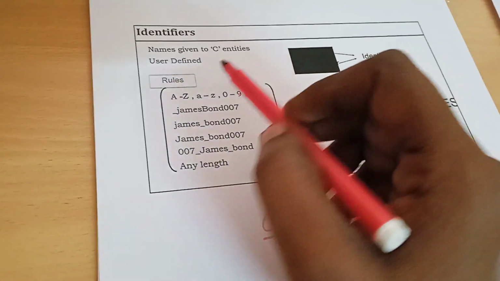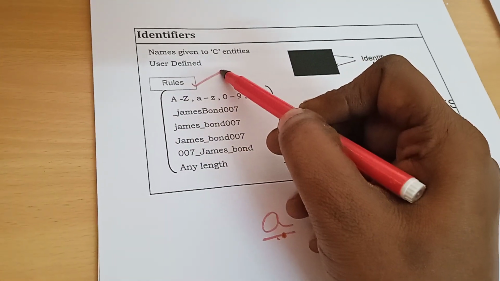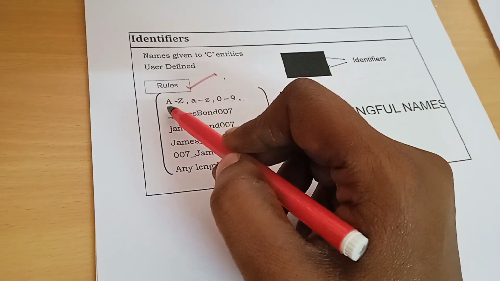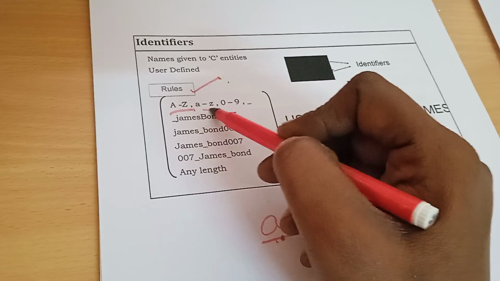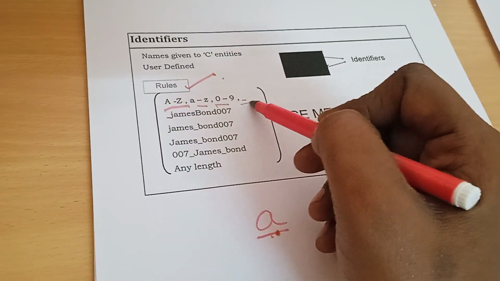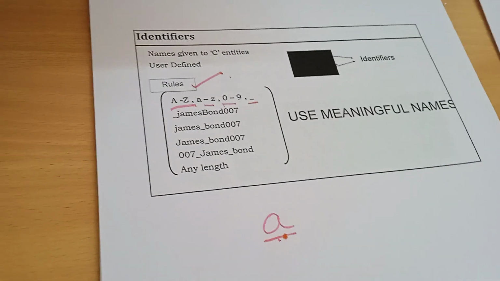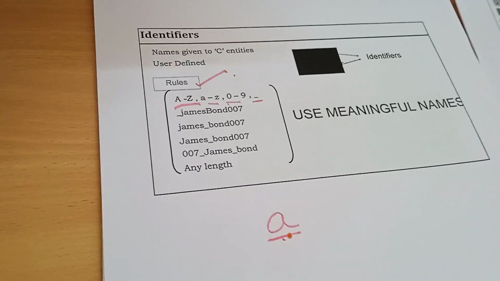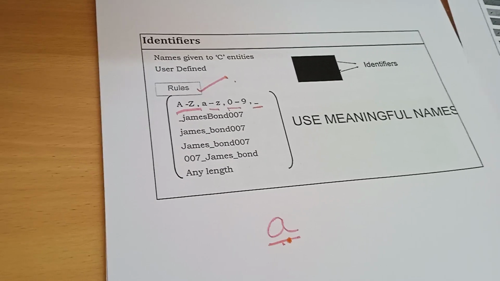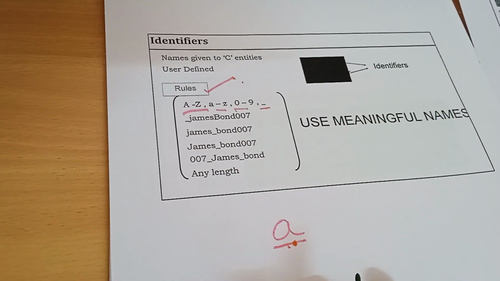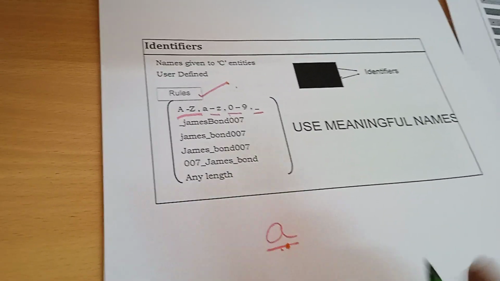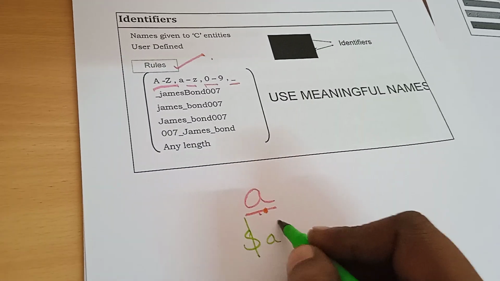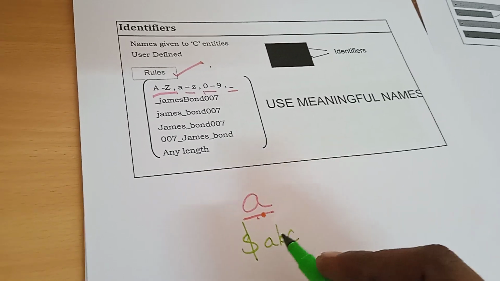We have some rules to follow to create an identifier. An identifier can consist of capital A to Z or small a to z and 0 to 9, and especially the underscore symbol. So you can see an identifier with a mixture of all of these, or at least one of them. Anything other than this does not come under identifier. Now say I want to create $abc.